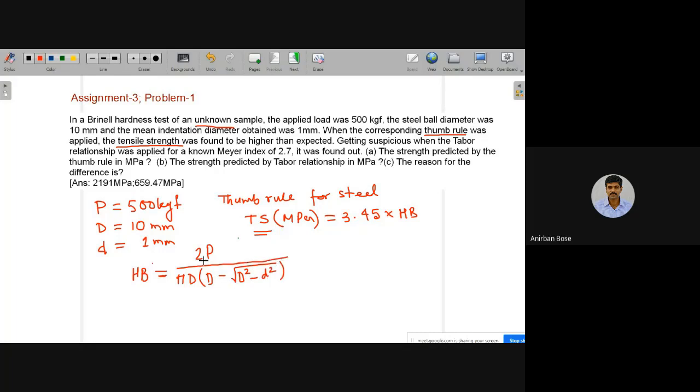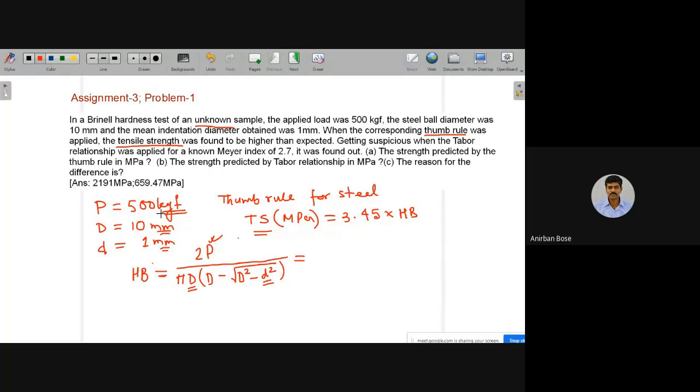This is the formula of the Brinell hardness number, where you have to put the value of P in kg force unit and the values of capital D and small d in millimeter unit.